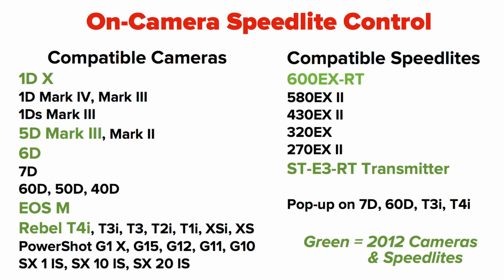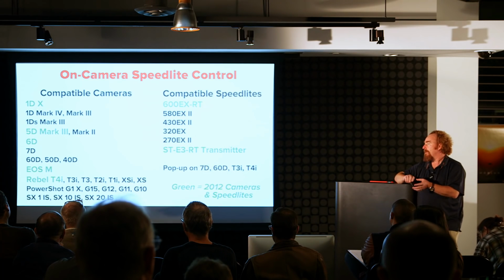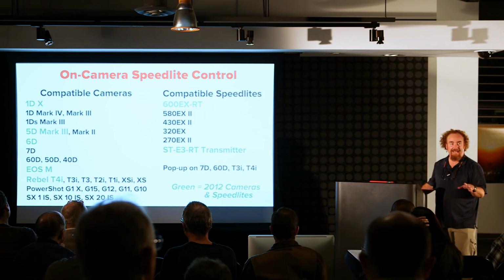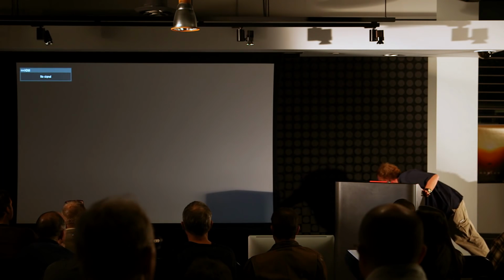All of those speedlights work, including the new transmitter and the pop-ups on those 4 cameras that can have the pop-up serve as a master for an off-camera speedlight: the 7D, 60D, T3i, T4i, okay? So, with that said, we're dancing without a net here. Let's see what happens.